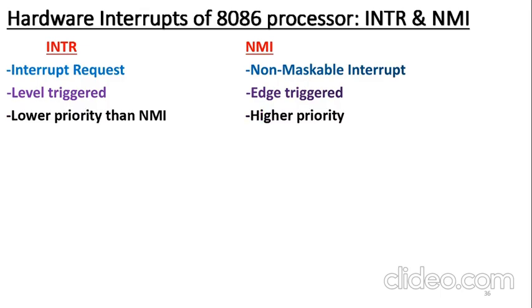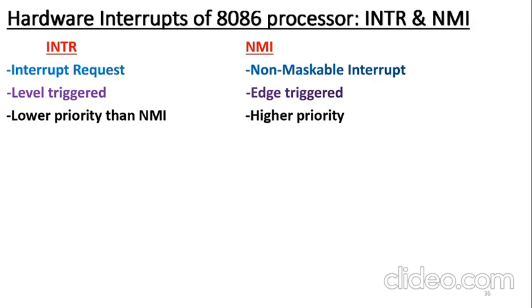Then next is about priority. INTR has a lower priority than NMI. Of course, NMI has higher priority. It is always a comparative one. Now when priority comes into picture, whenever both interrupts are simultaneously raised by two different devices, then the processor will respond to the device connected to the NMI pin.